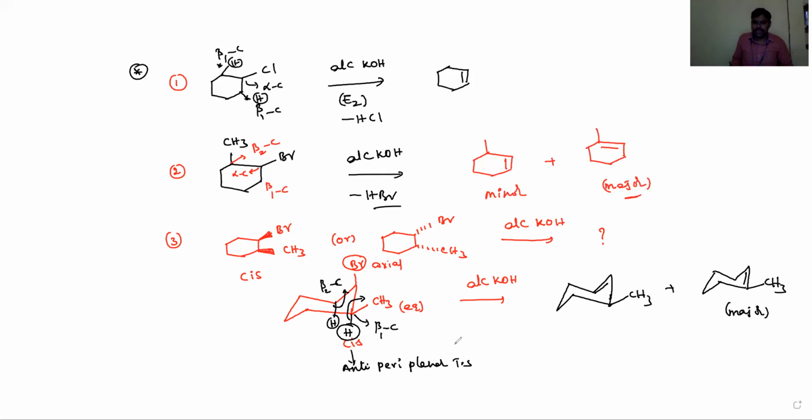If it is cis, then the tri-substituted alkene is the major product. If it is trans, we will see, dear students, how the product forms.